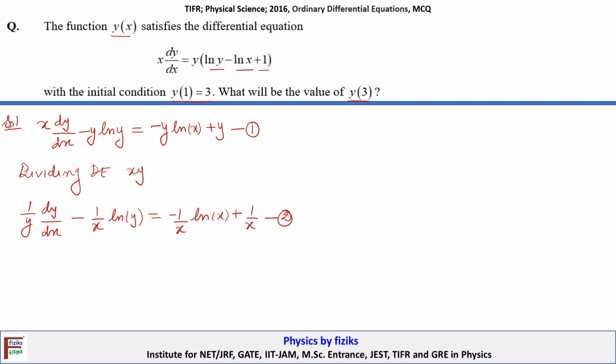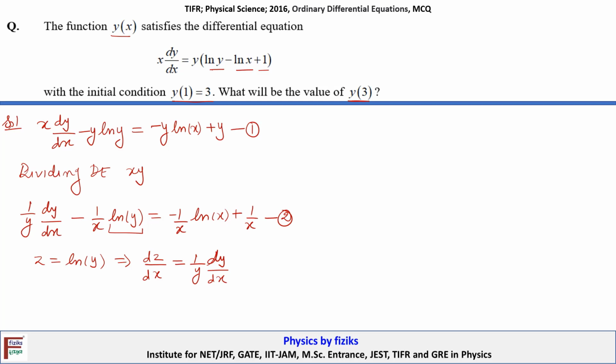Now to solve this equation, we substitute z = ln y, and then from here dz/dx can be written as (1/y) dy/dx, which is of course the first term.